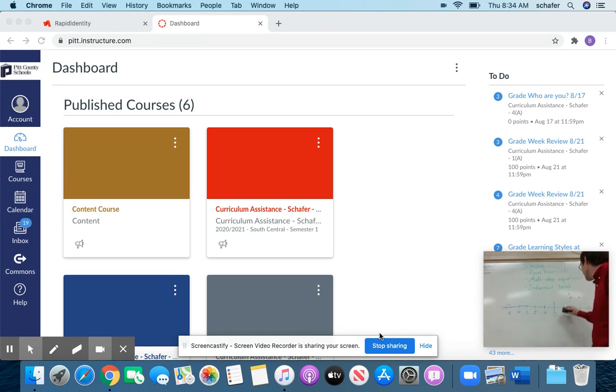Another example. I'm going to make it even trickier. Negative 1. Nope, I'm not going to do that yet. 1 minus negative 3. So I'm going to go ahead and mark off 1 because it's minus.